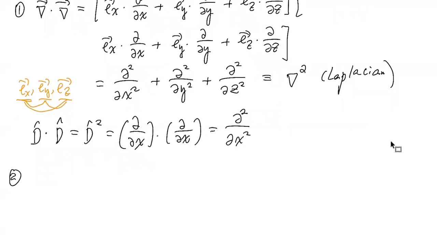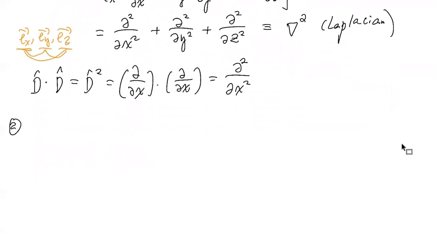Let's see example 2. Let's consider operator A as a simple function, x. Let's consider operator B as d/dx, or partial x. Now, what is the commutator AB?